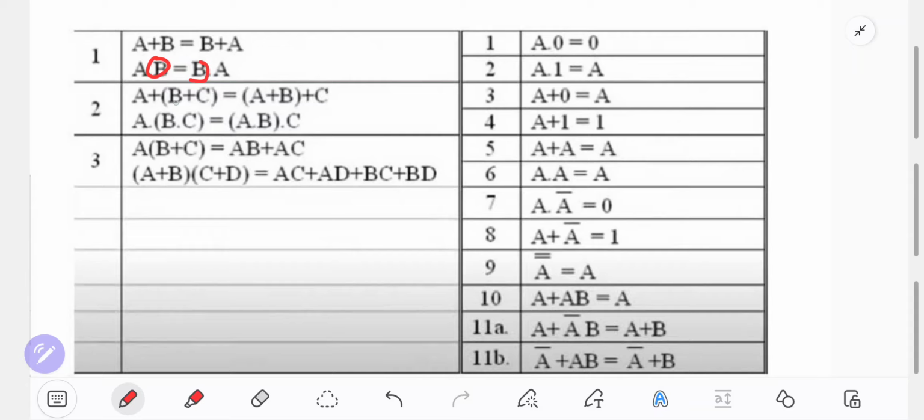Or you can make it number 2. You can make it a group. For example, A plus B plus C, or you can make it group A plus B and then plus C. It's the same with times, or AND gate logic.